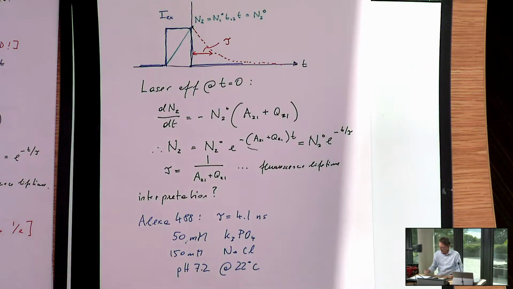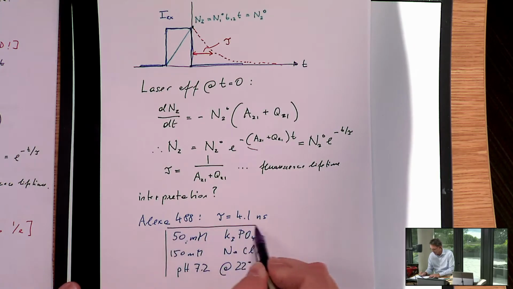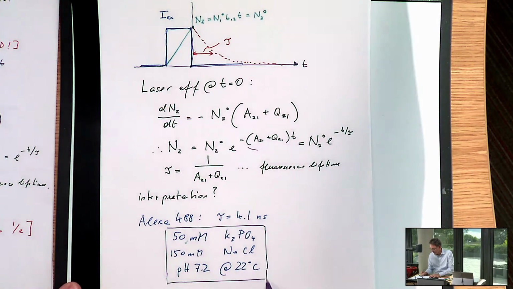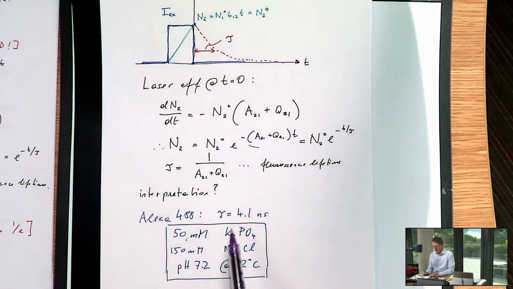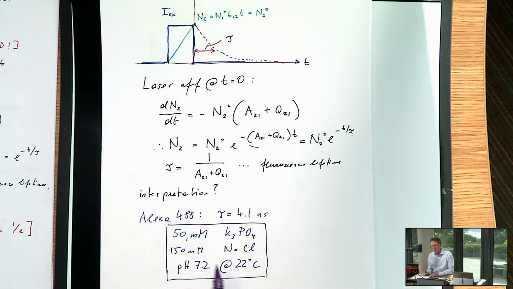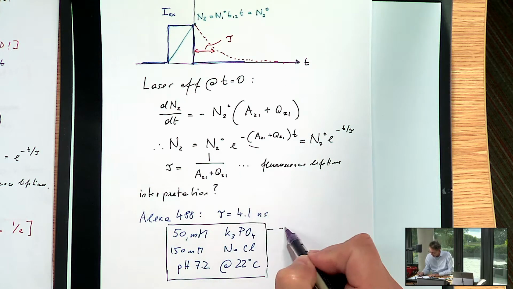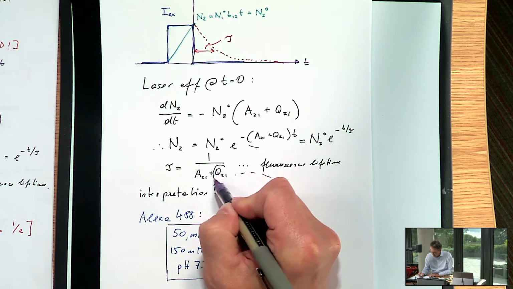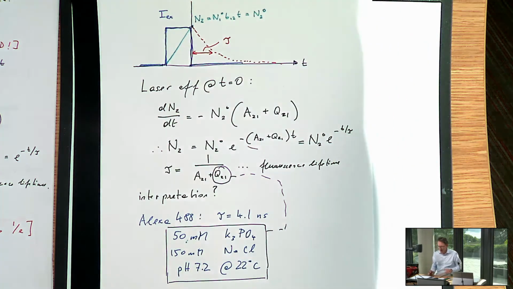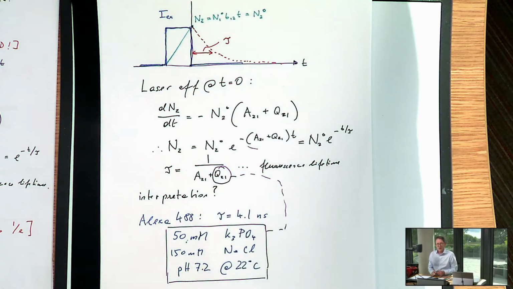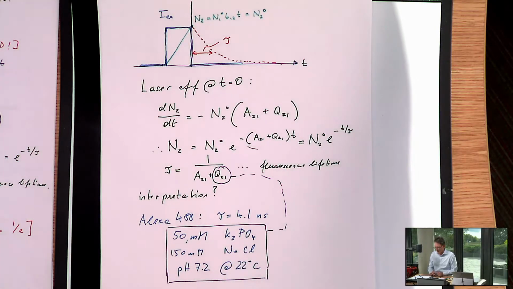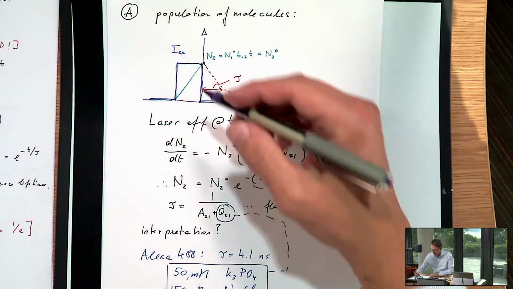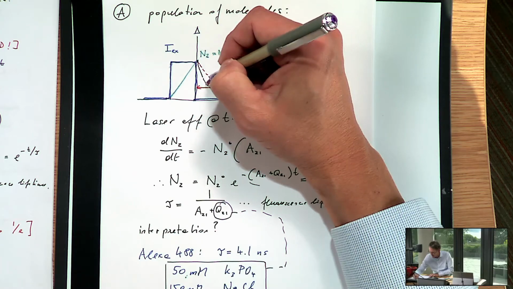And so why am I so particular about mentioning this? Well, the reason for that is that this lifetime changes if the pH, for example, changes and if the temperature changes. And the reason for that is this Q21. This loss term is greatly affected by the molecular environment. So, for example, if I increase the temperature, perhaps this tau decreases.